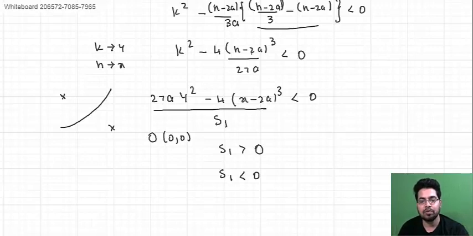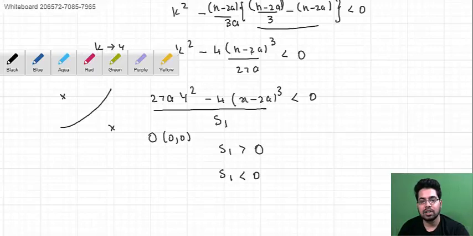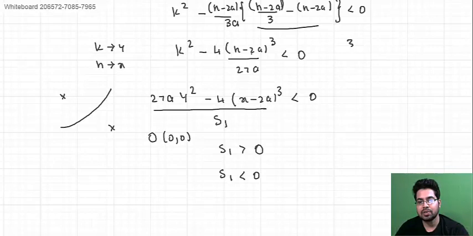So now we have already proved that beyond this curve we are going to get 3 different normals. So we already covered the case from where we can draw 3 normals. We already covered the case from where we can draw 2 normals.